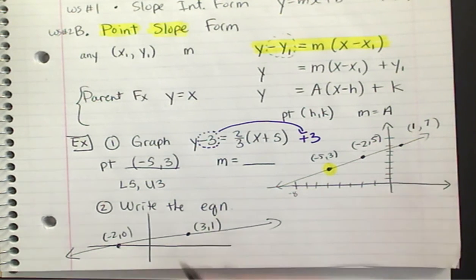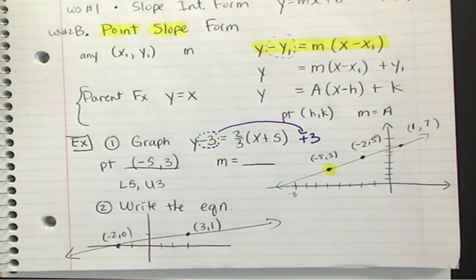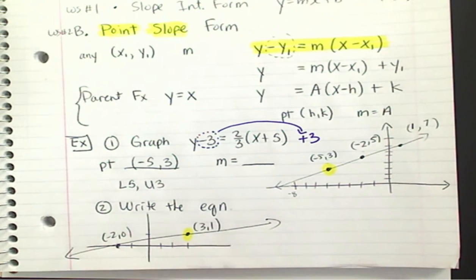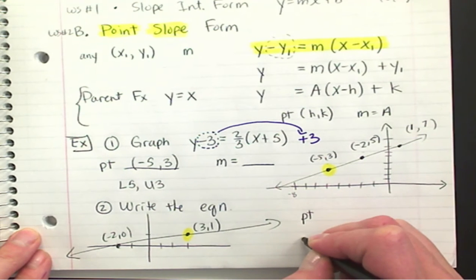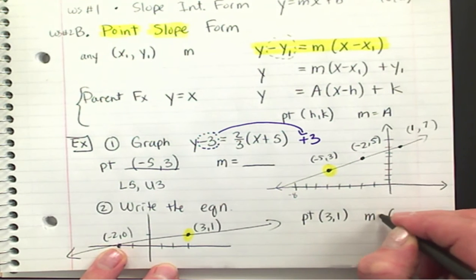-2, 0, and 3, 1. So, point, slope, 3, 1, 1/5.